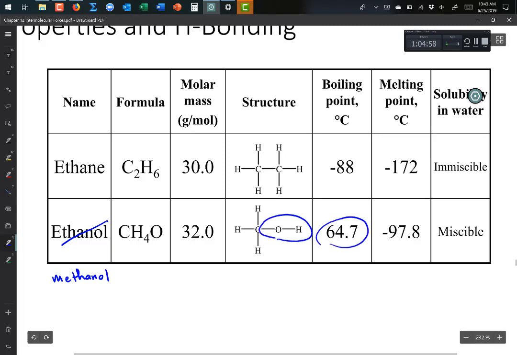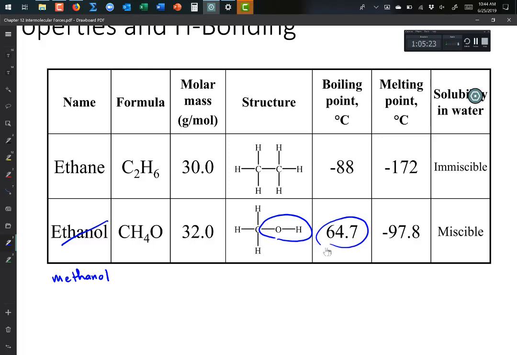Its boiling point is 64 degrees Celsius. 65 is usually what we accept. I end up having to boil it all the time in organic chemistry. 65 degrees Celsius, so roughly 120-ish degrees higher. It's much, much higher just by having hydrogen bonding. The boiling point is much higher.